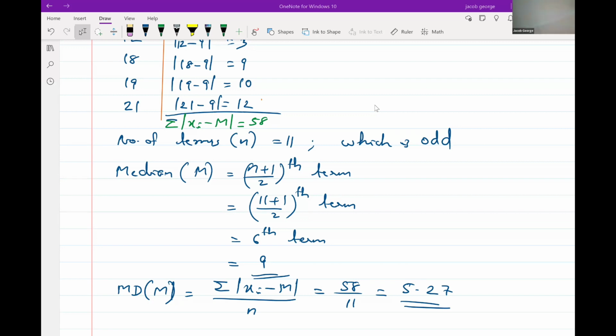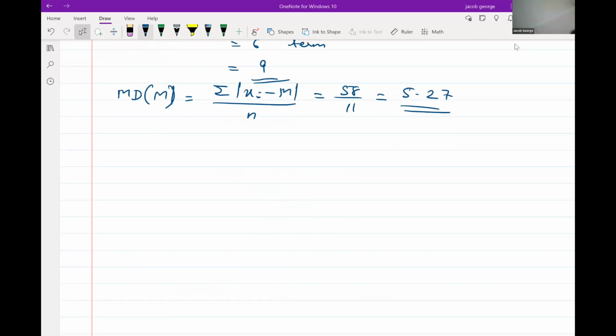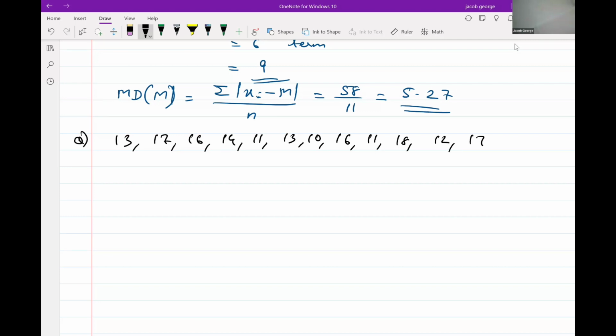Okay. One more question of the same type. Find the mean deviation about median of the following: 13, 17, 16, 14, then 11, 13, 10, 16, 11, 18, 12, 17.